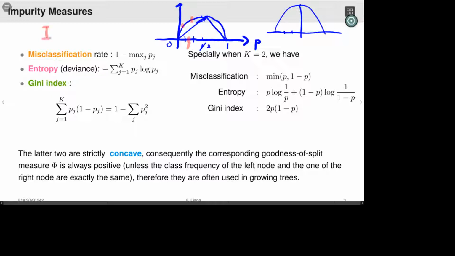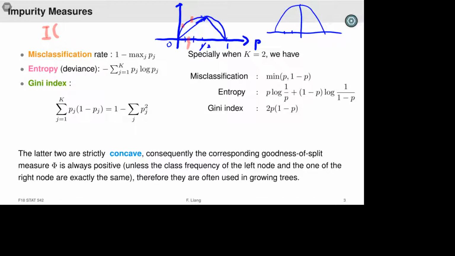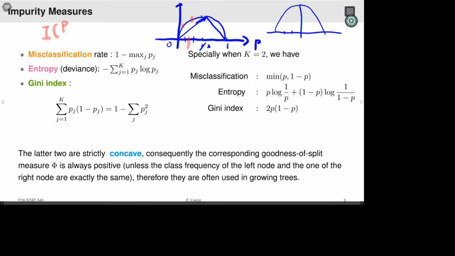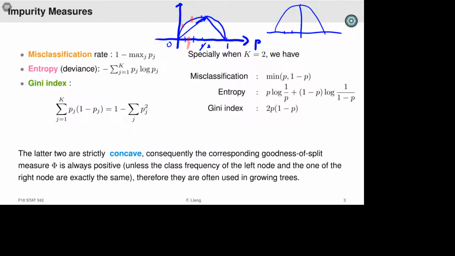Then when you evaluate your impurity measure, you have a weighted average. I think it's easier for me to draw on the blackboard.